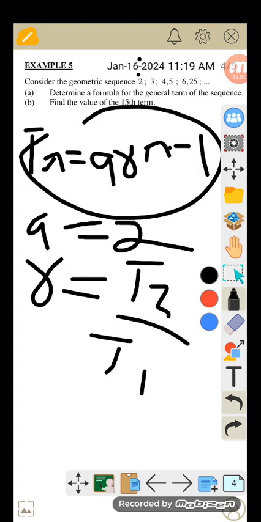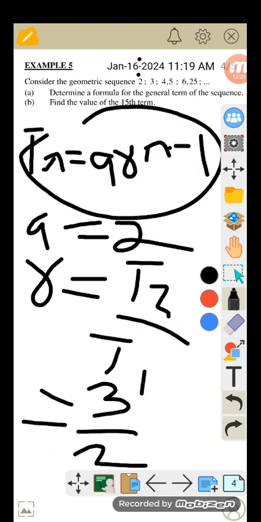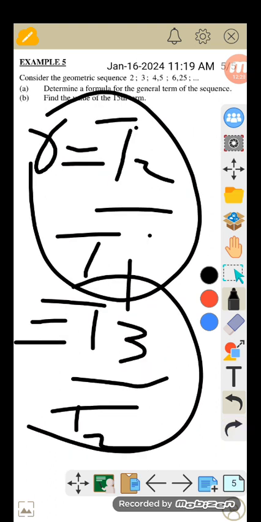You're still going to get the same thing. Our T2 is 3 and our T1 is 2. So our ratio r is equal to 3 over 2.